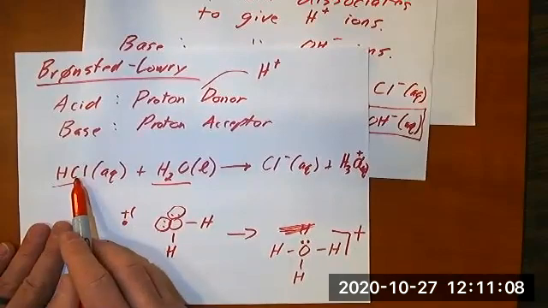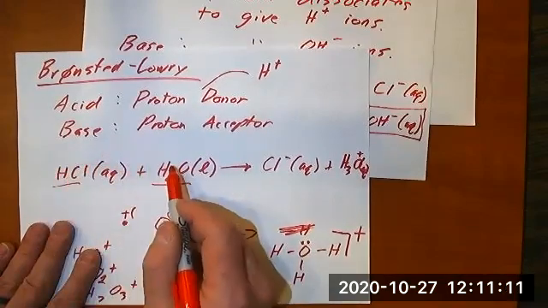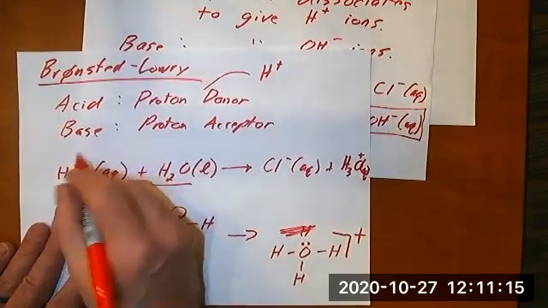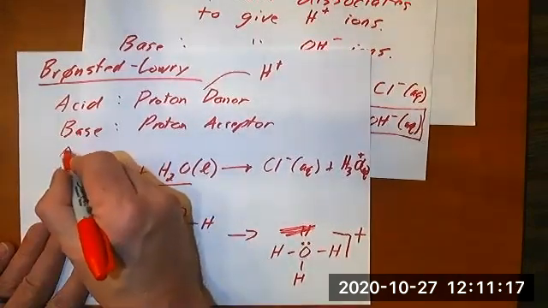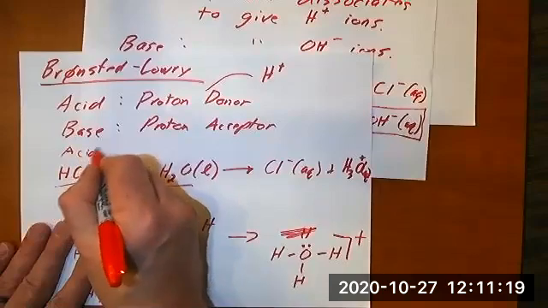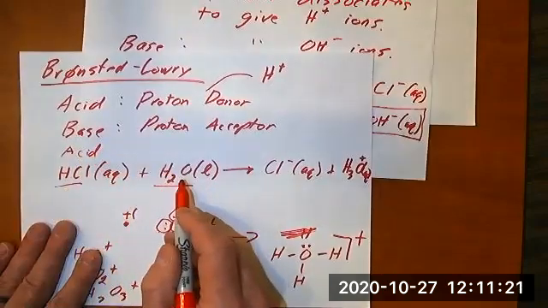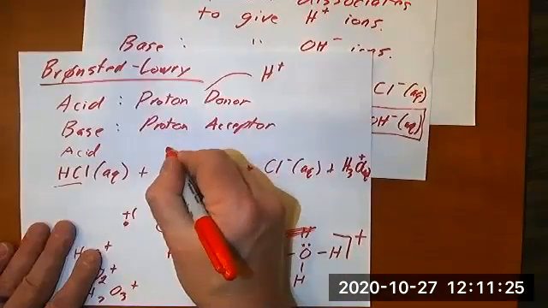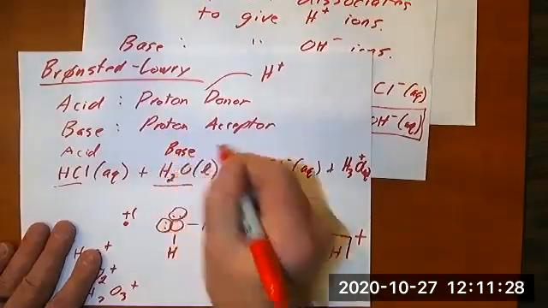We have the HCl, which is donating a proton to the water. So this HCl is a proton donor, and so it is a Bronsted-Lowry acid. The water, in this case, is accepting the proton, and so it is a Bronsted-Lowry base.